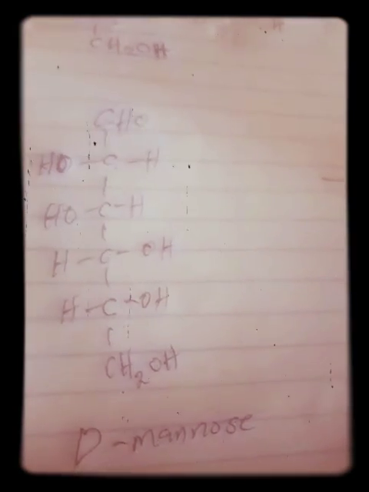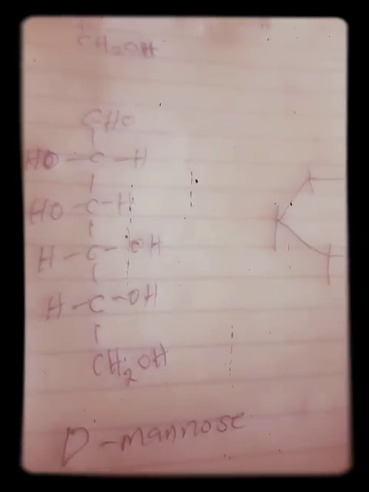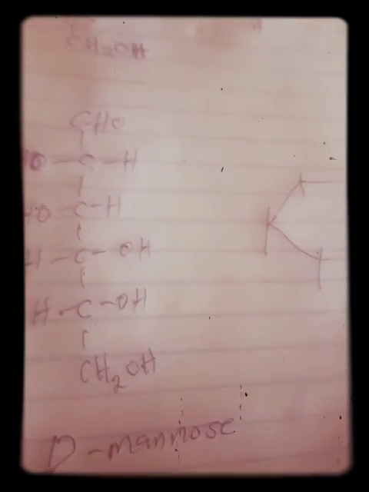So in Haworth form, it's going to look like this. I said this is the first carbon. This is the second carbon, third carbon, fourth carbon, fifth and sixth.